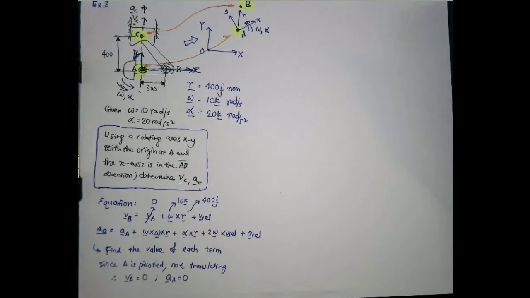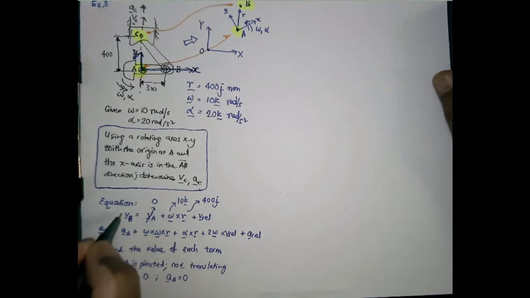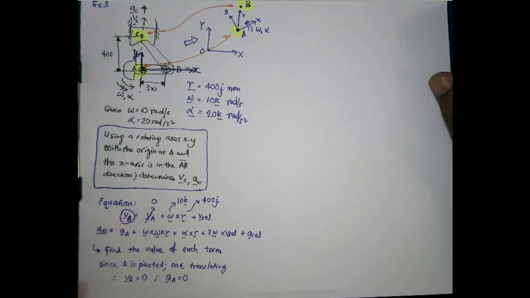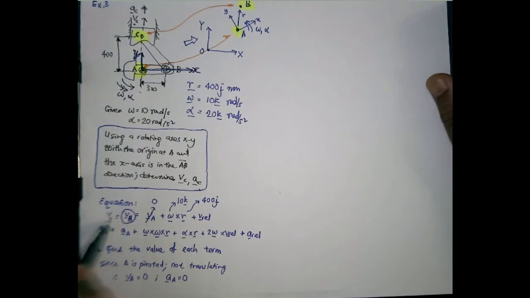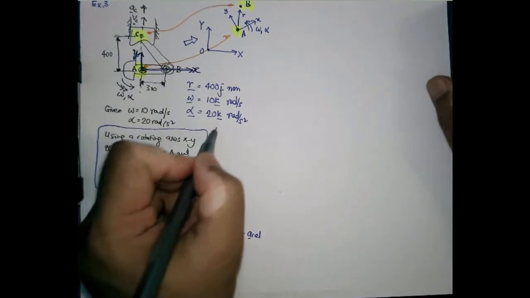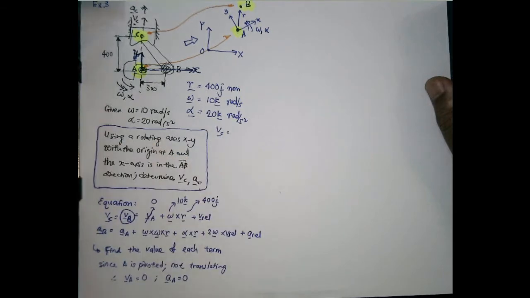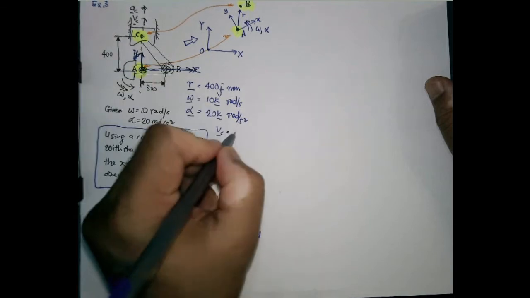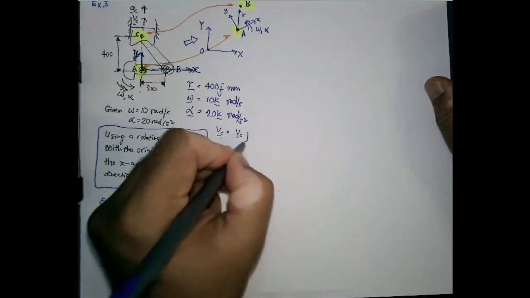Do we know what VB is? Yes. VB in this case is VC, and VC in this case only can move in the Y direction, so we can put that as VCJ.